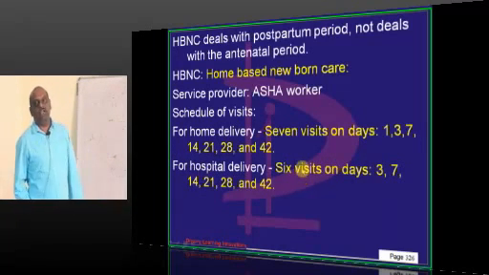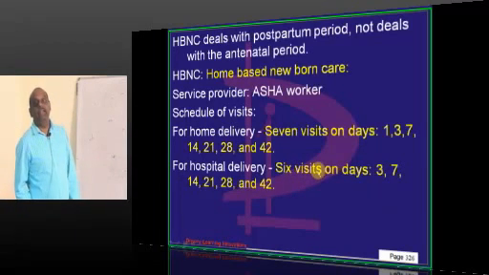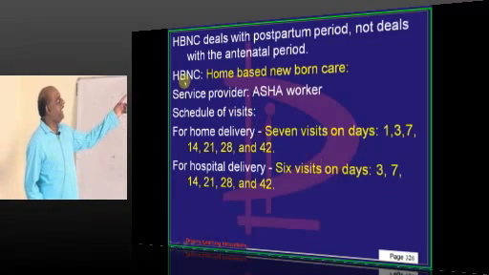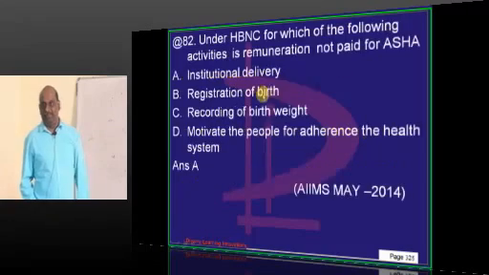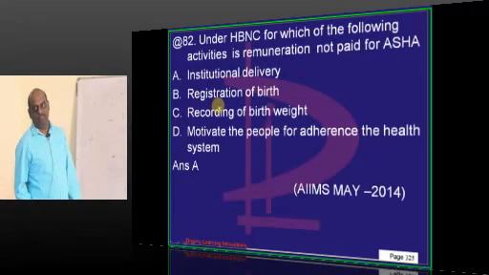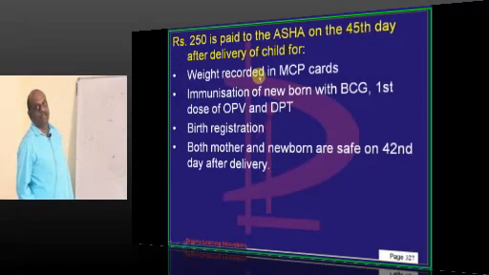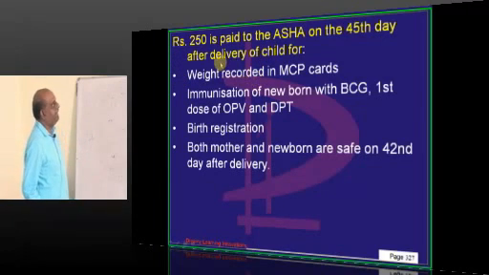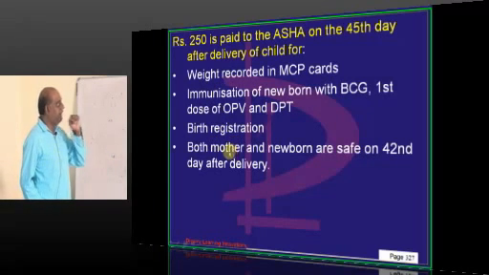For hospital delivery, ASHA is supposed to go for 6 visits, and HBNC is what? Home based newborn care. It is not for institution. Right? Then 250 rupees are paid after the delivery of the child for registering the birth.